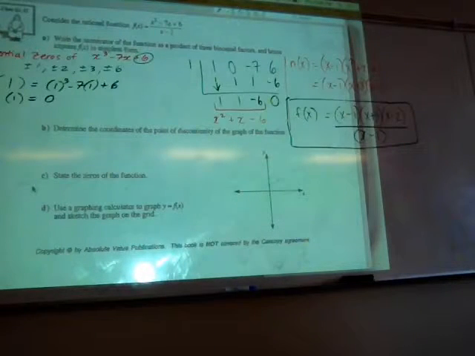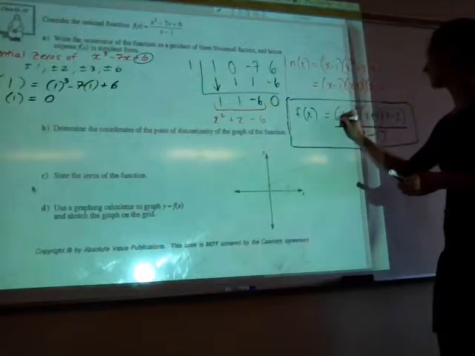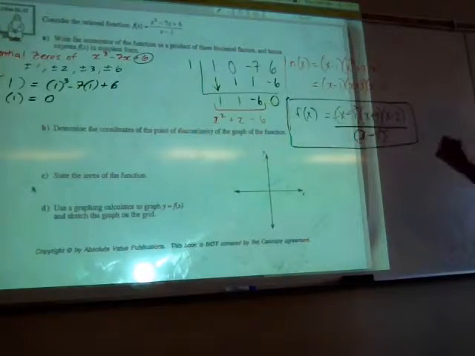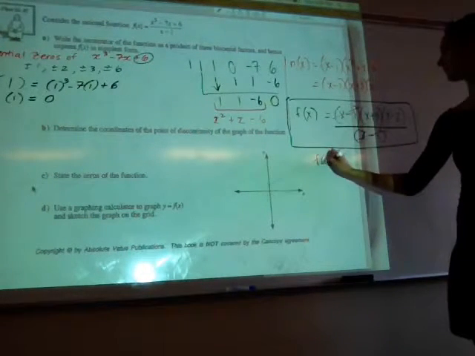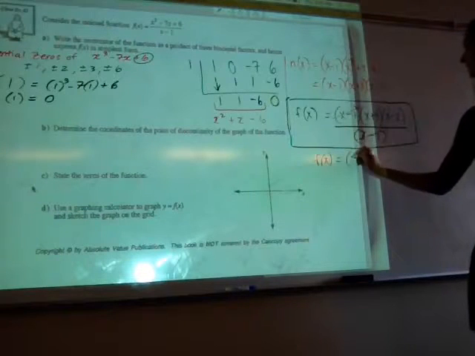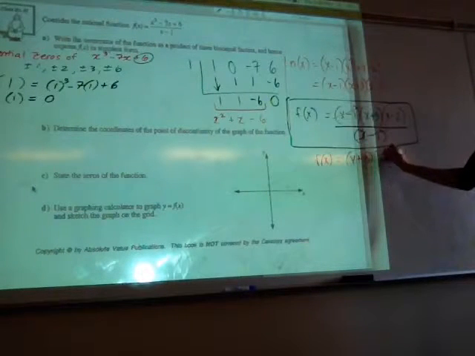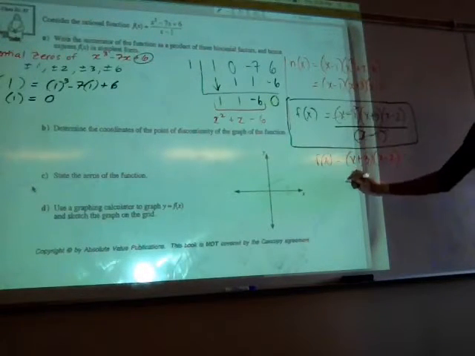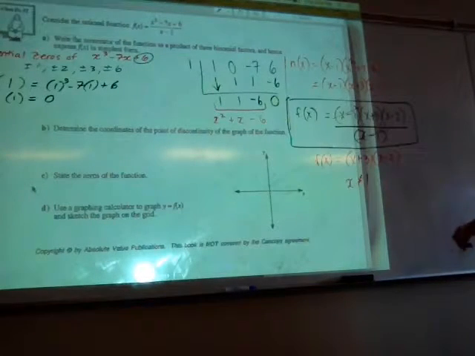But in order to figure out a point of discontinuity, I have to cross out the common factors. And so now my function is equal to x plus 3 times x minus 2, where x cannot equal positive 1.